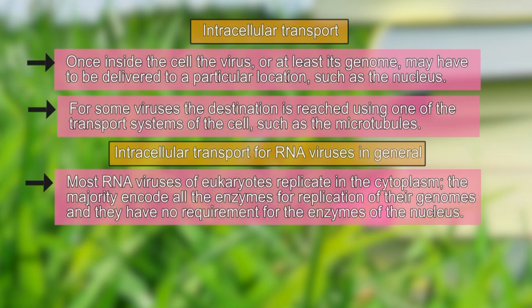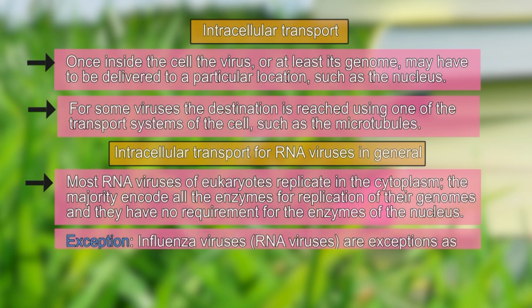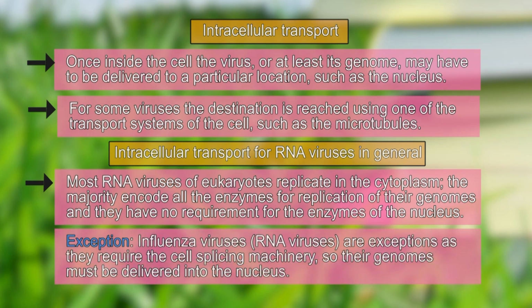In case of RNA viruses, most of them replicate in the cytoplasm, so they do not need to be transported into the nucleus. Exceptions are there, like influenza viruses, which require the host cell machinery from the nucleus, that is, the enzymes present there are required for viral replication.